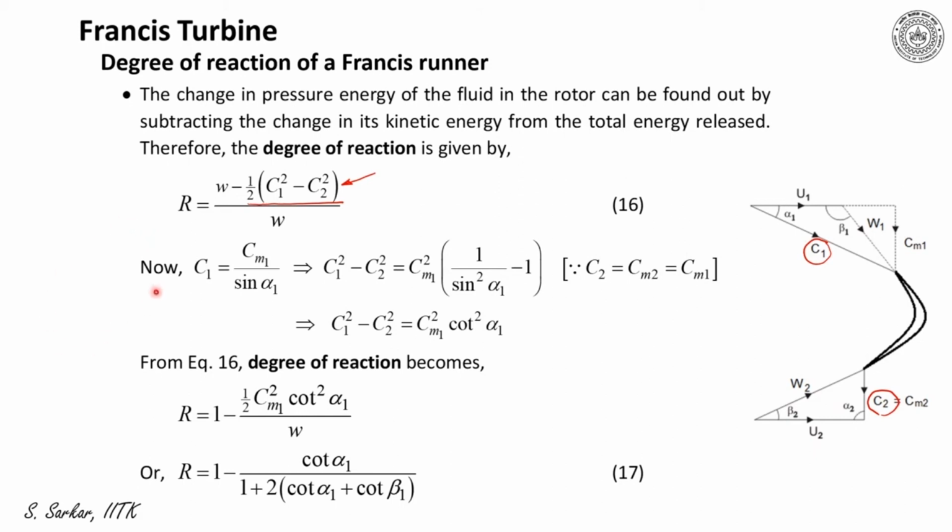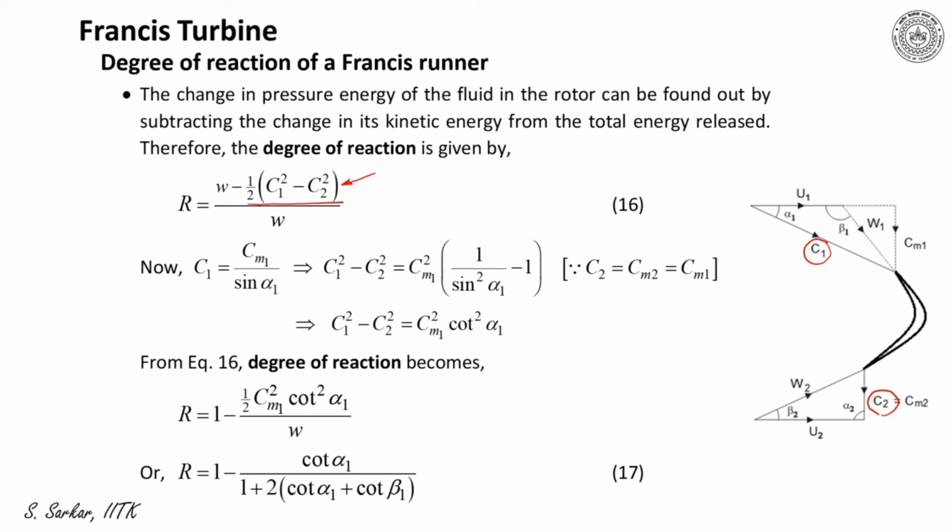Now, from the inlet velocity triangle, C1 is equal to Cm1 divided by sine alpha 1. Now I can say C1 squared minus C2 squared is equal to Cm1 squared within bracket 1 divided by sine squared alpha 1 minus 1.